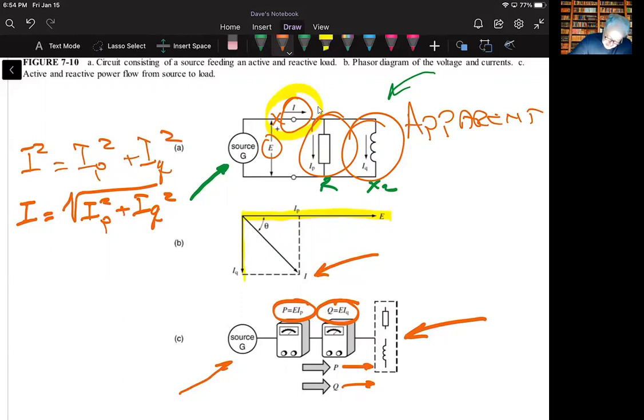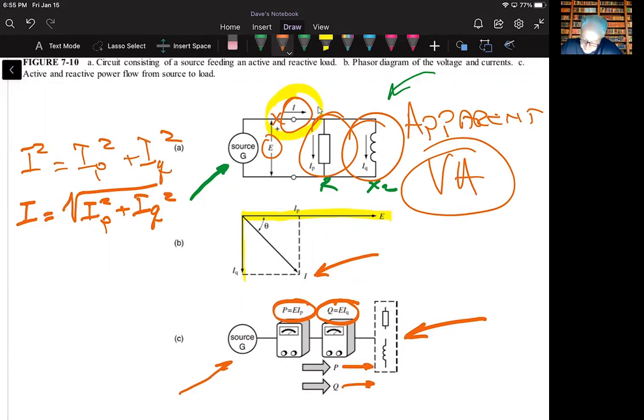Apparent power is not expressed in watts. It's not expressed in VARs, but it's offered to us in something called volt amps. And you may have seen that before. If you ever paid attention to a transformer, they rate a transformer in VA, volt amps.